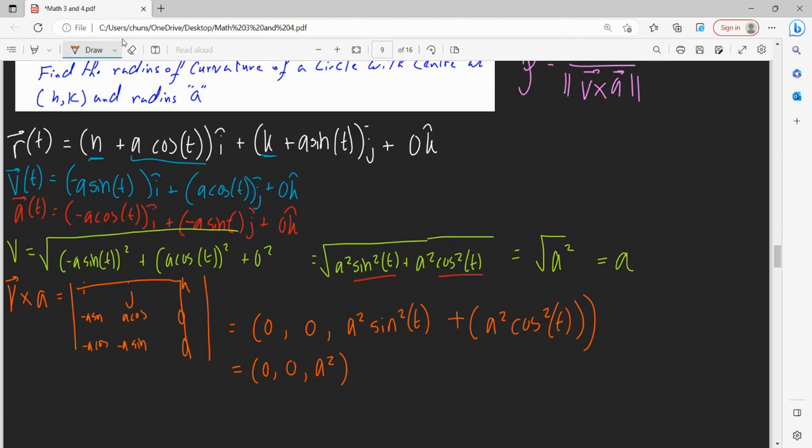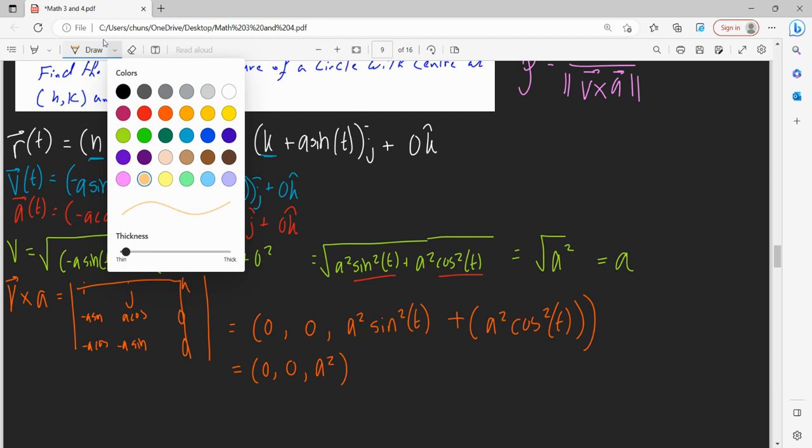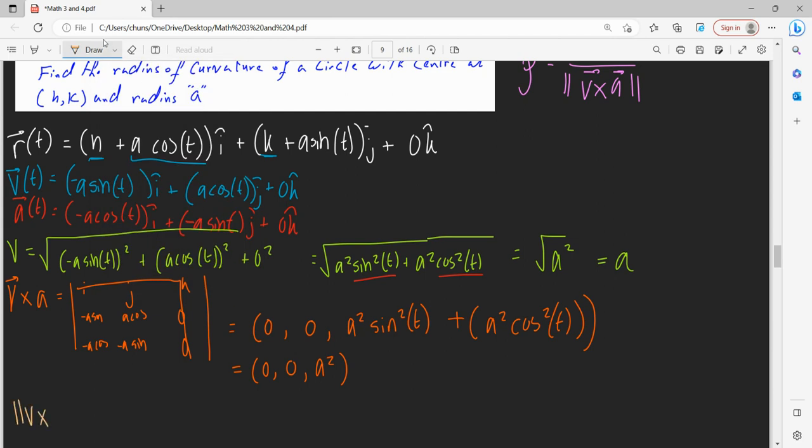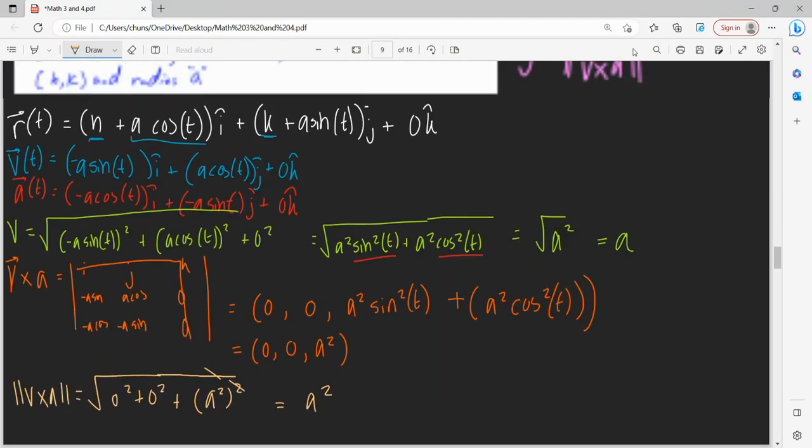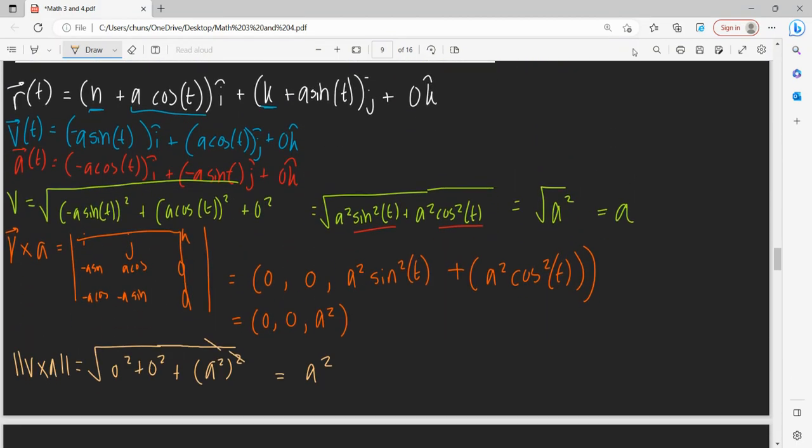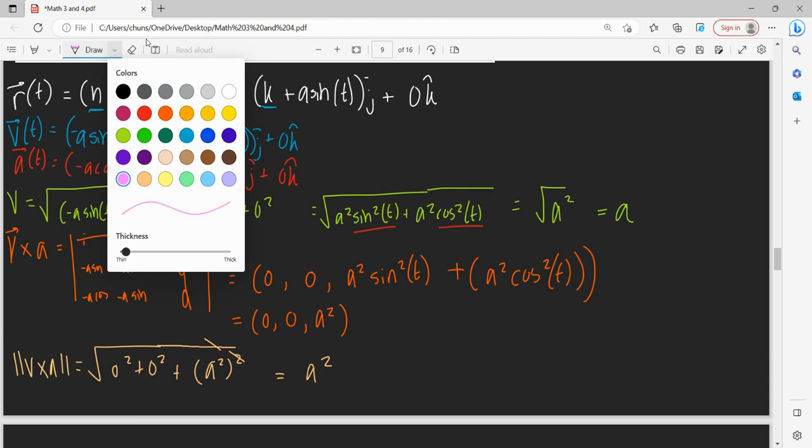So we take the magnitude, that's equal to 0 squared plus 0 squared plus a squared squared. Those just cancel out, so that just gives a squared. So now we can solve for our radius of curvature.